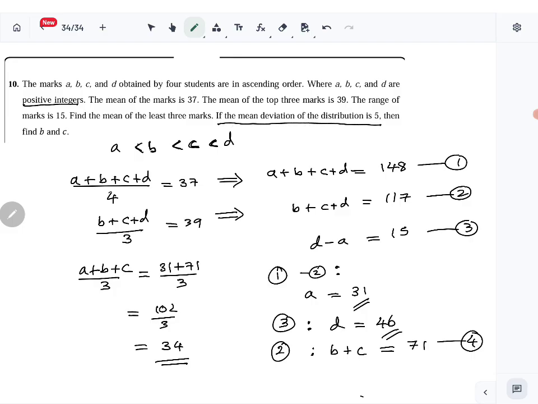Then this one: if the mean deviation of the distribution is 5, then find B and C. Mean deviation is what? For all the terms you have to subtract the mean and take the absolute value.